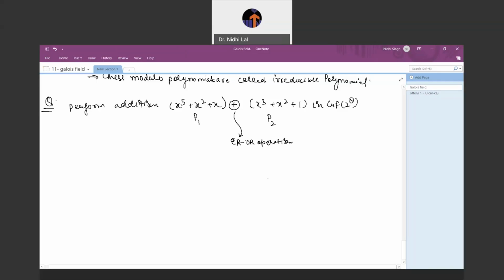So there are two methods I will discuss one by one. The first thing is, because the highest degree is 7, just write all the terms x to the power 7, x to the power 6, 5, 4, 3, 2, 1 and 0. Again, write the same terms.